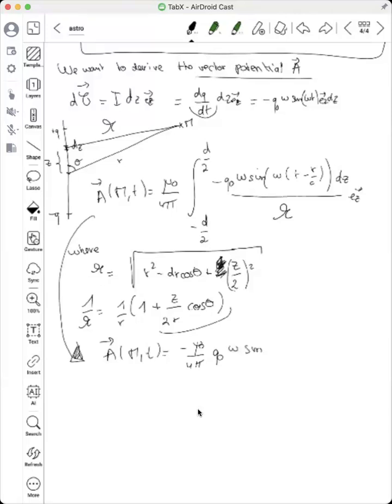For now, I don't neglect it, but if I take things out of the integral, I'm getting the following: Ez integral of dz over R. So I actually had to work less than for the potential.